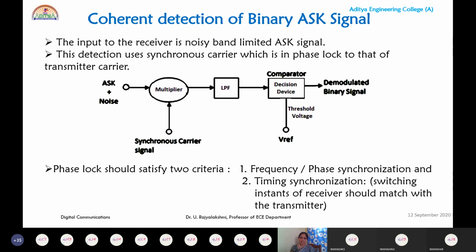Since we are using the amplitude shift keying technique, the noisy amplitude shift keying modulated signal acts as the input to the receiver. Coming to the coherent detection, it consists of three sections.